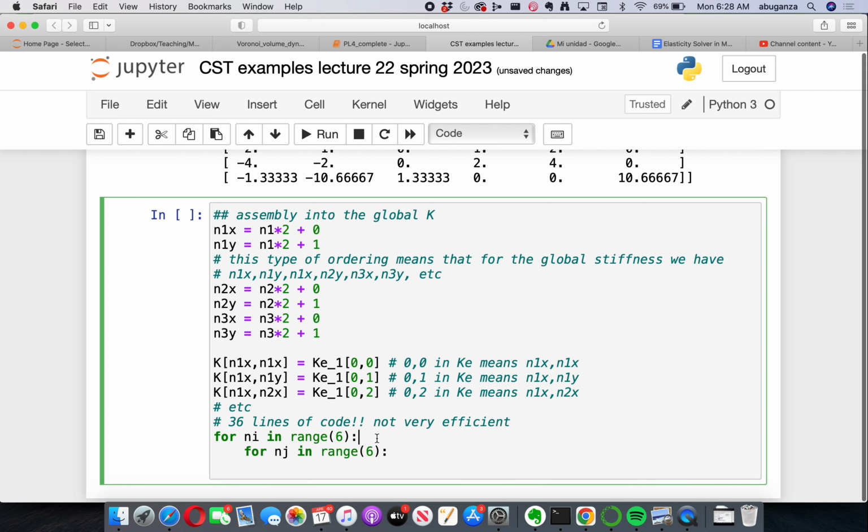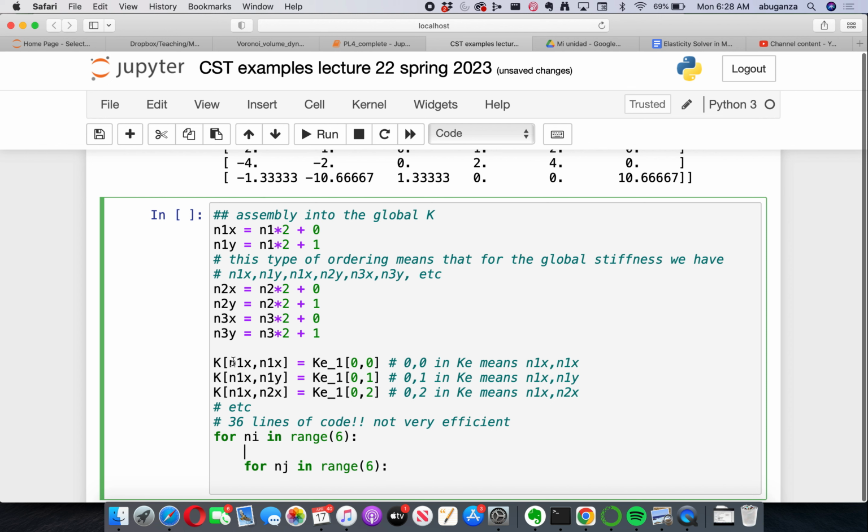You can see that the things that change in the for loops go from 0 to 6. Here, for example, this is 0, and then this is going to go 0, 1, 2, 3, 4, 5. Then this changes to 1, and this goes 0 to 5, and so on.